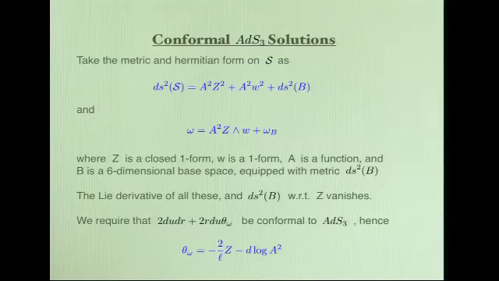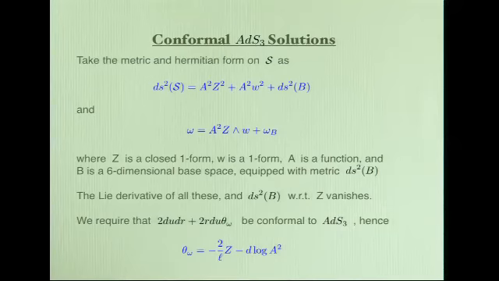So what we're going to do is look at AdS3 solutions, and we're going to write it in terms of the Gaussian null data, and in particular the light cone directions 2 du dr plus 2r du theta. We're going to require that this be conformal to AdS3, but I'm going to talk about that in a little while.